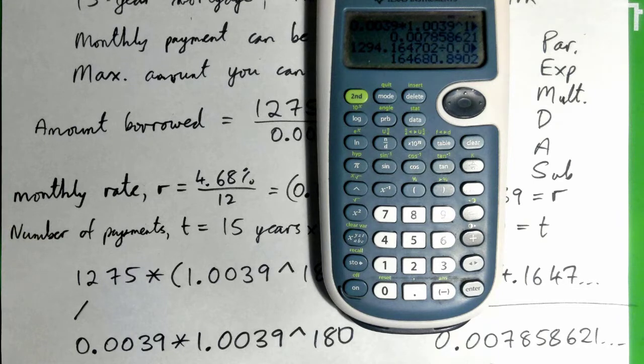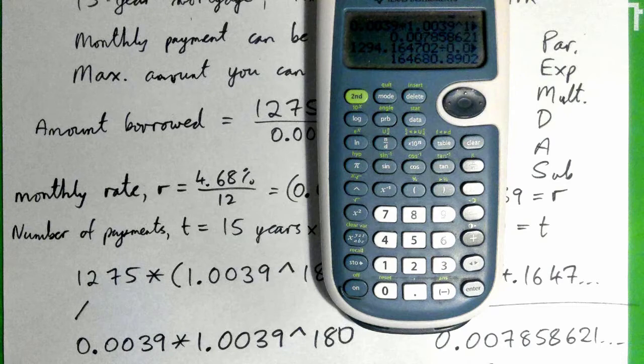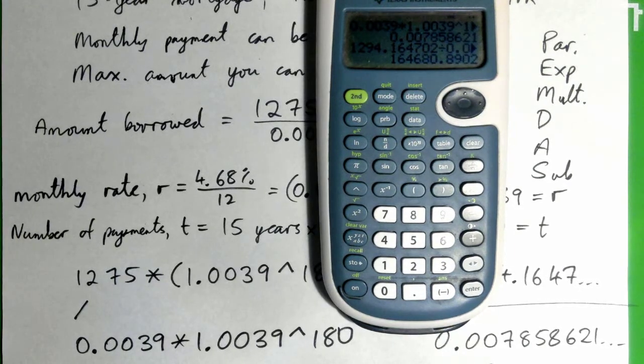Okay, so it asks us to round to the nearest $1,000. So that is, all right, so we got 165,000, right? Yeah, so 165,000 should be the answer.